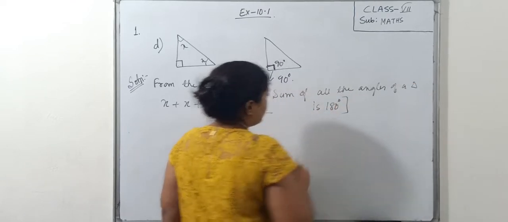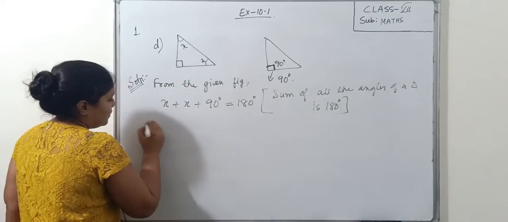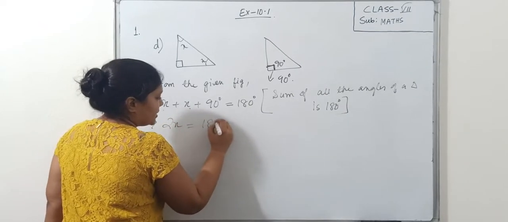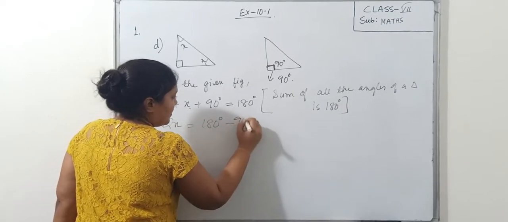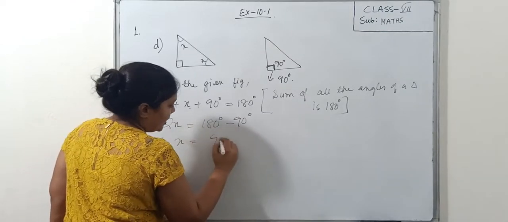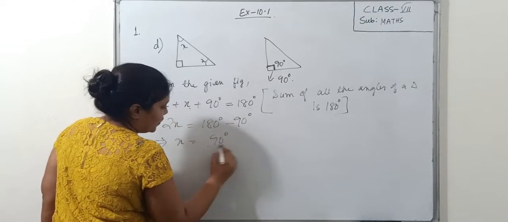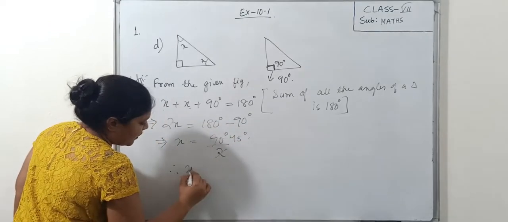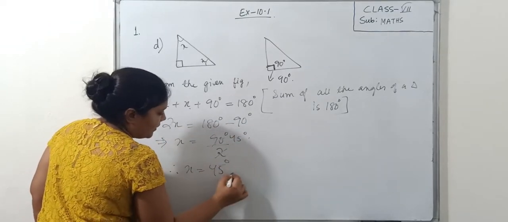Right students? Now x plus x, 2x. If I take this 90 to that side, it will become minus 90, right? Now 2x equals 180 minus 90, 90 degrees, and this 2 will come here, so x equals 45 degrees. Therefore x equals 45 degrees.